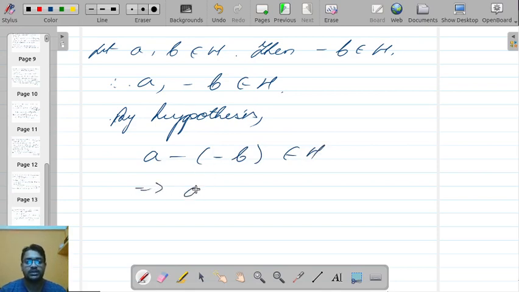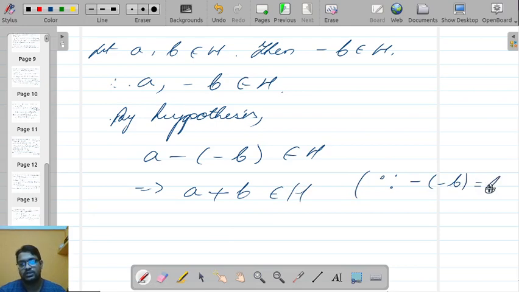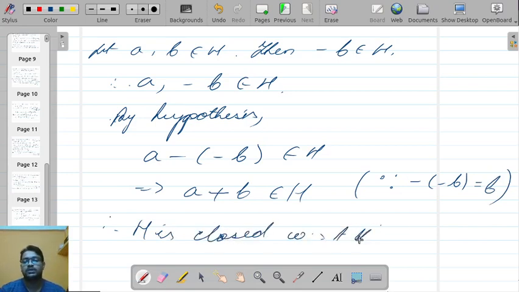Minus of minus B is actually B only. So A plus B is in H, since the inverse of minus B is B itself. Therefore H is closed with respect to the operation in G.